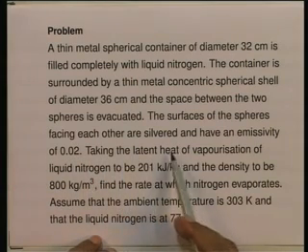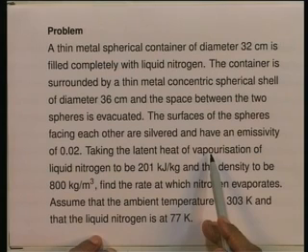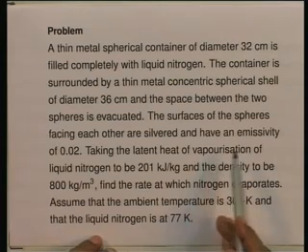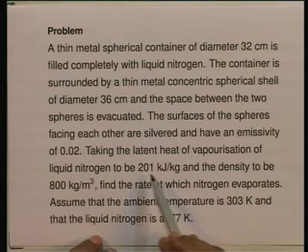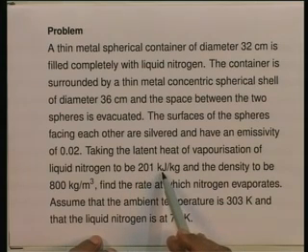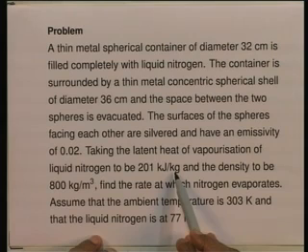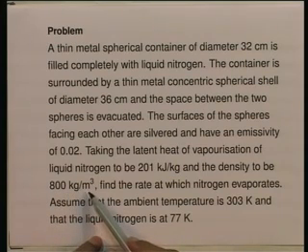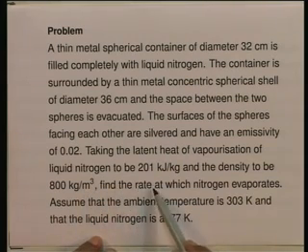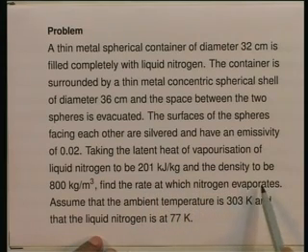Taking the latent heat of vaporization of liquid nitrogen to be 201 kilojoules per kilogram and the density to be 800 kilograms per meter cubed, find the rate at which nitrogen evaporates.